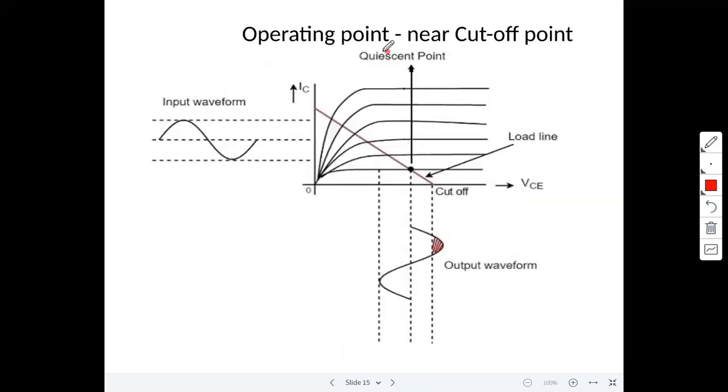Now the second possibility: the operating point near the cutoff region. This is the operating point. The input is the same. Here, a certain portion of the positive cycle is clipped off. In this case also, the transistor acts like a clipper circuit, not an amplifier circuit, because the operating point is selected near the cutoff region.